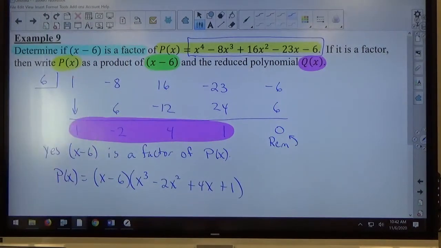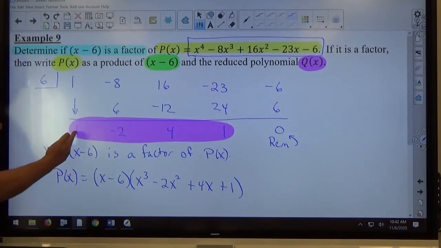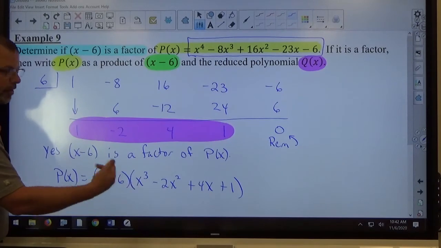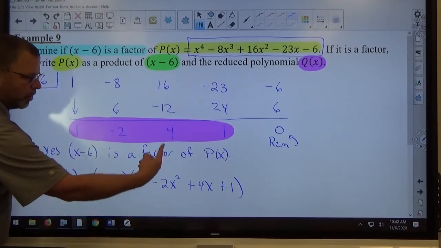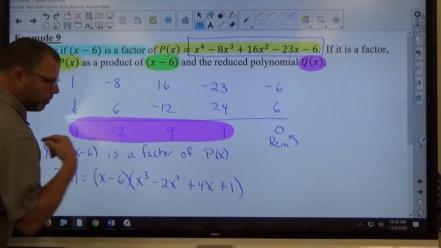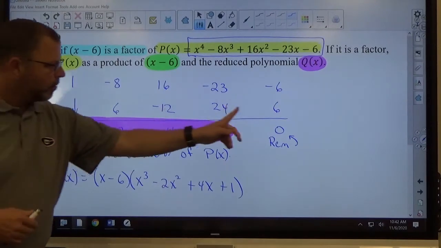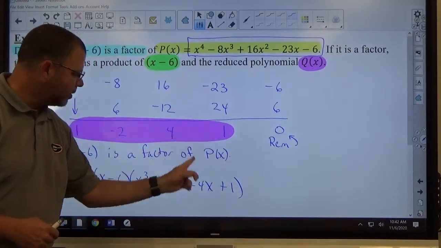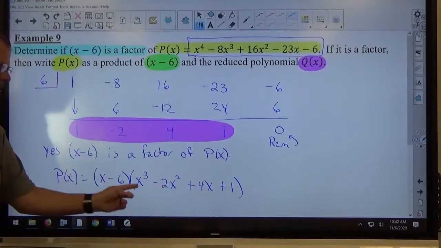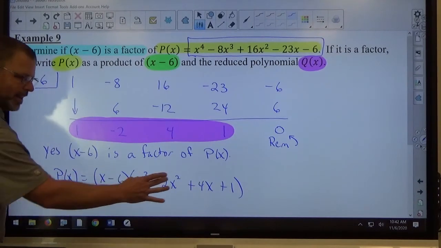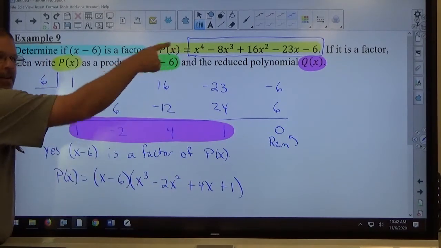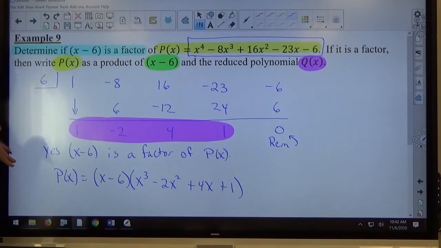Pluses and minuses in between terms based on their signs. The first term positive, you don't have to write a sign. Everything after has to have a sign. So minus 2, plus 4, plus 1. So this times this is the same as that.